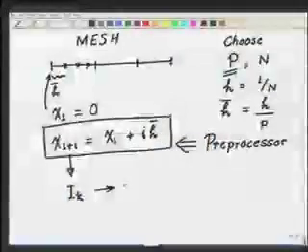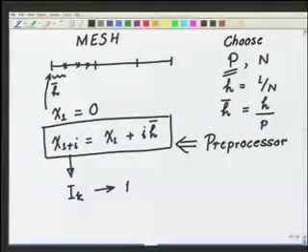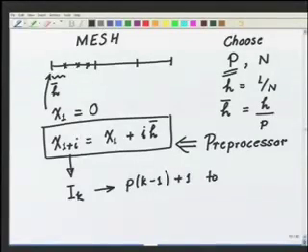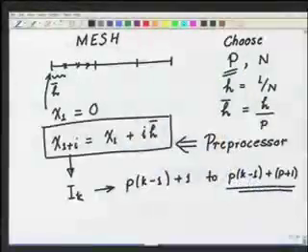So if I have this thing, then I know that it will start with p(k-1) plus 1 to p(k-1) plus p plus 1. Okay. So these are the nodes in the element. So this is the set of nodes which are sitting there in the element.